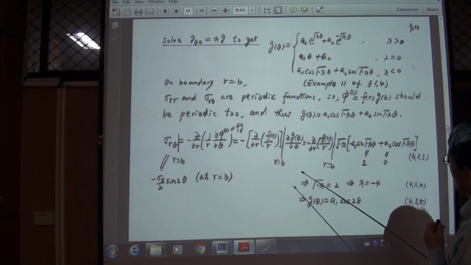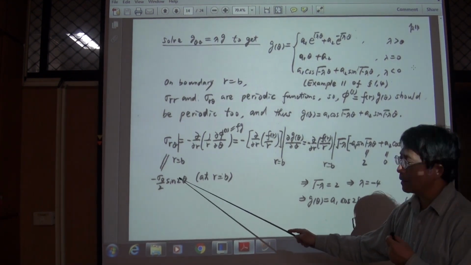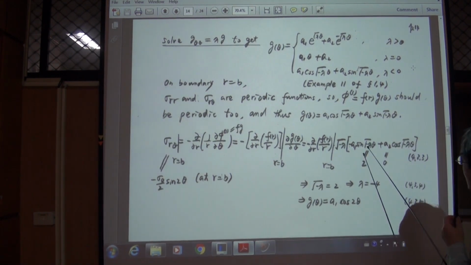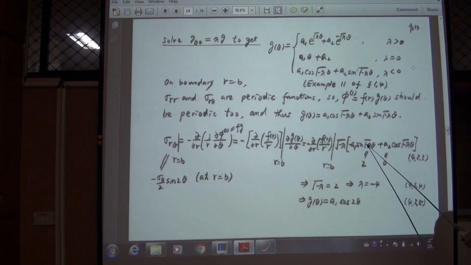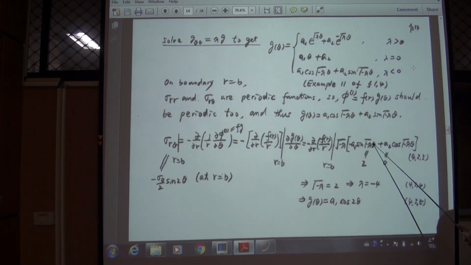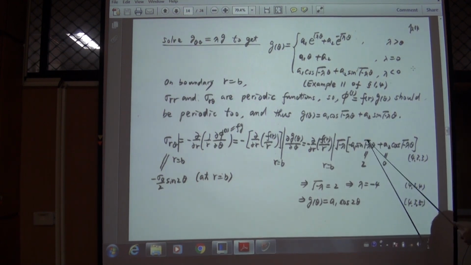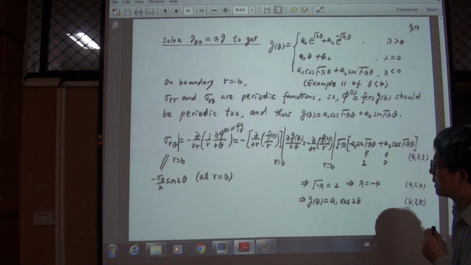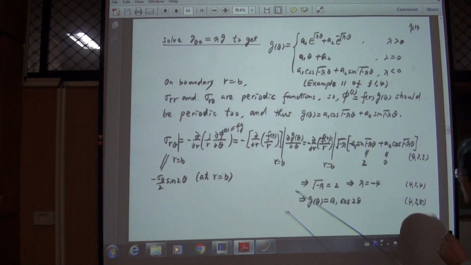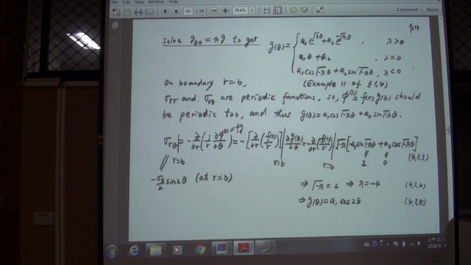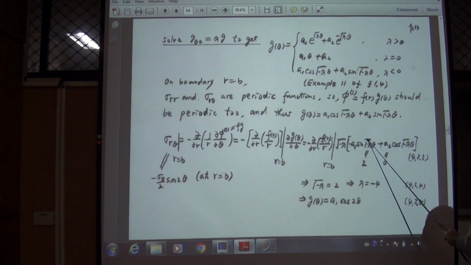Now we compare the right hand side and the left hand side. On the left hand side we have sine 2 theta, so on the right hand side we have sine 2 theta here. So the square root of minus lambda equals 2, in order that this one becomes sine 2 theta. Also, we don't have any cosine term here, so A2 becomes 0, and the square root of minus lambda becomes 2.